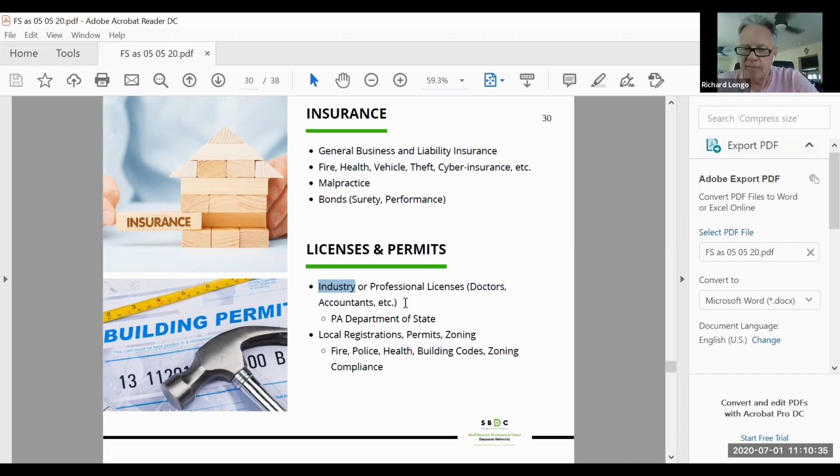Let's use the landscaping business. Okay, you better check with EPA, Environmental Protection Agency, the state EPA, chemicals, things, you got to understand what you can and cannot do. So again, you know, the Department of State, the Bureau of Corporations, the EPA, okay, your local registrations, your permits, your zoning, have an idea of everything that you're going to need.